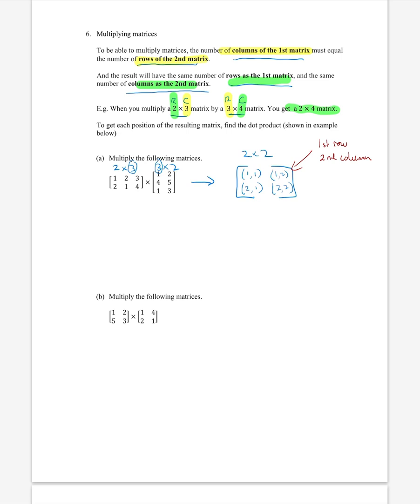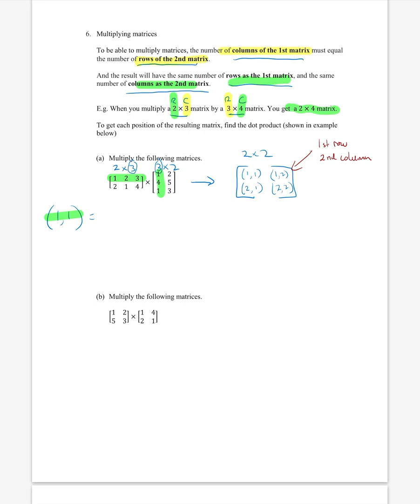So, first of all, let's find the 1, 1. To find the 1, 1, we multiply the first row by the first column. So we are timesing together these 2, one row and one column.